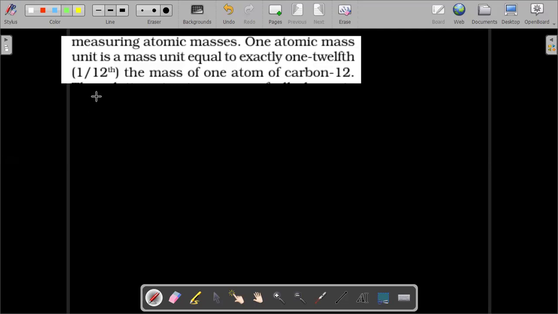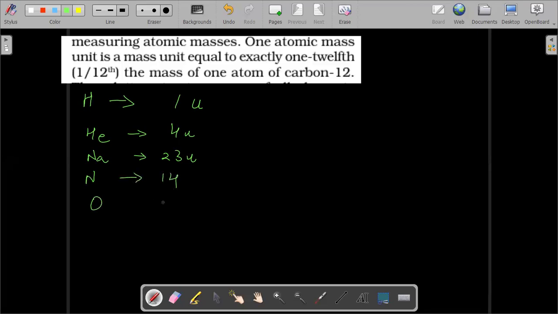Now, in this way, I will just recall some of the masses for you. The atomic mass of hydrogen is 1 u. The atomic mass of helium is 4 u. The atomic mass of sodium is 23. Nitrogen, the atomic mass is 14.